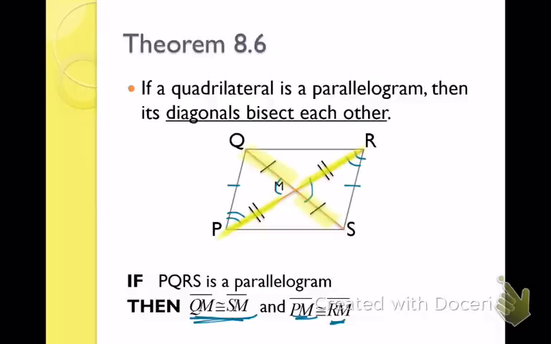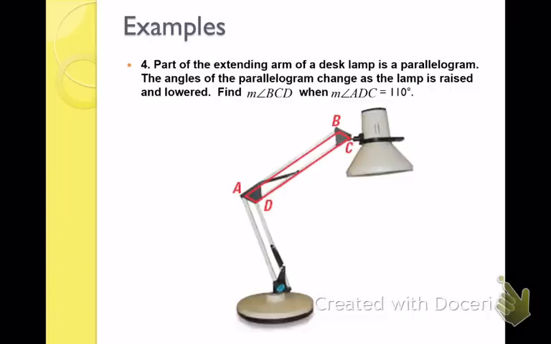They're corresponding parts of those 2 congruent triangles, and so they have to be congruent. Remember CPCTC? So it's not too tough. We have to use congruent triangles to get to the part where those two diagonals bisect each other. But that's the proof. The theorem's good. We can use the theorem. So anytime we know that we're looking at a parallelogram, we know the diagonals bisect each other.